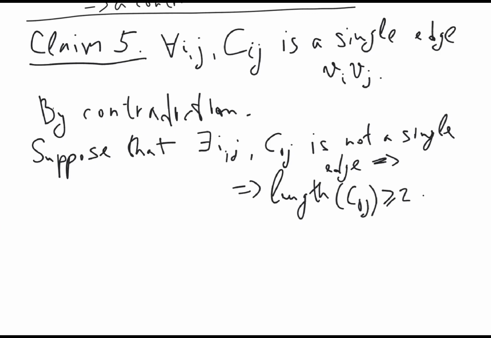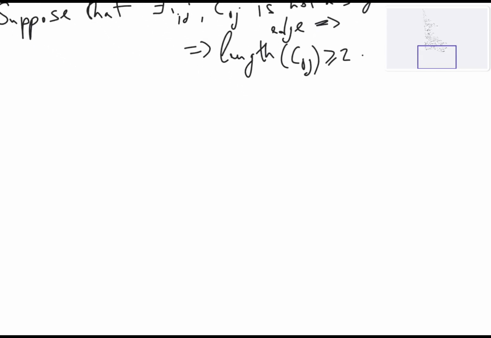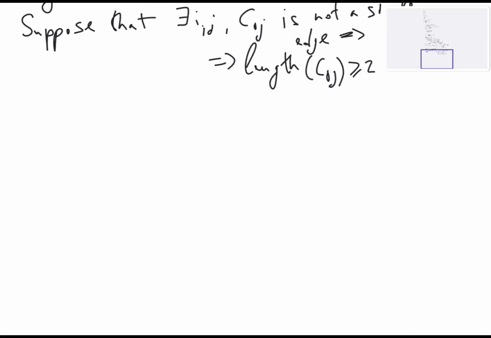So we have this vi, vj, and on this path there is at least another vertex, denoted by u.